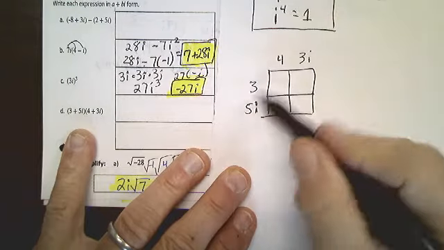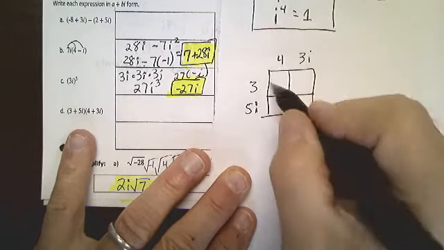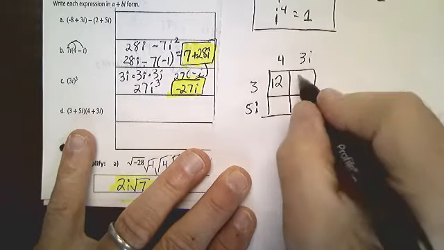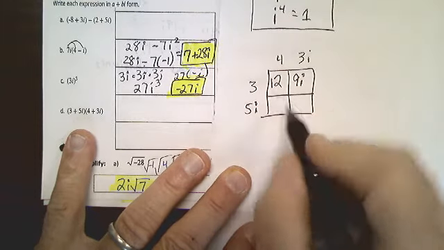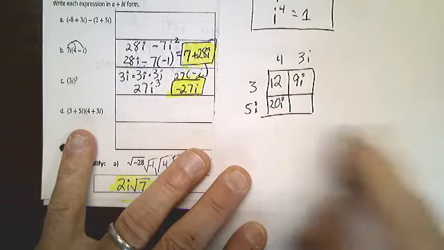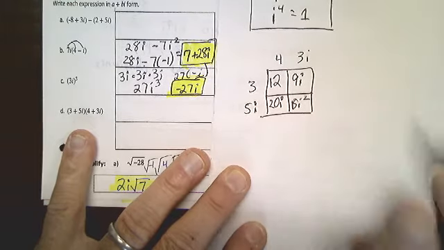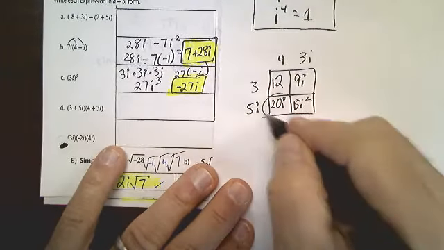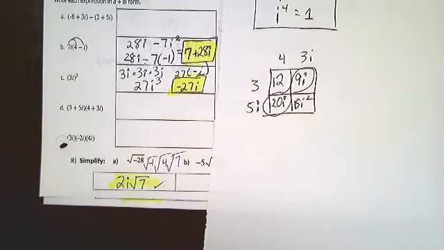Then I fill in these boxes. 3 times 4 is 12. 3 times 3i is 9i. 5i times 4 is 20i. And 5i times 3i is 15i squared. I put a little kidney bean around those two because they're called like terms.